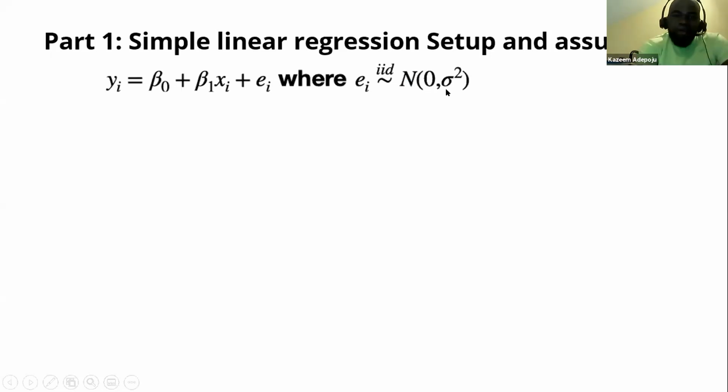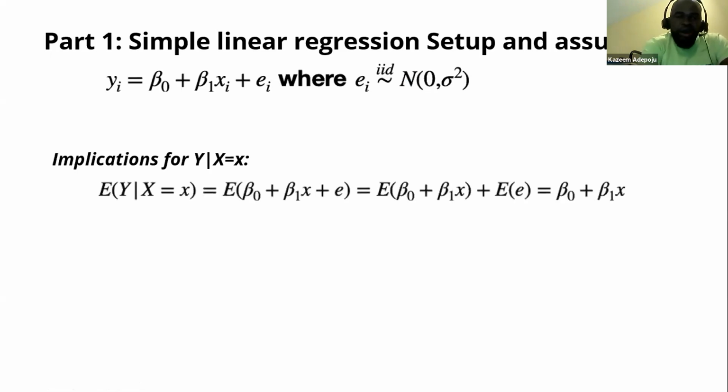Having known that, what is the implication for y given x? I think I also gave you that. If I have this as a model, this is my y, and I want the expected value of y, that is the mean of y, it's the same thing as taking the expectation of all of this.